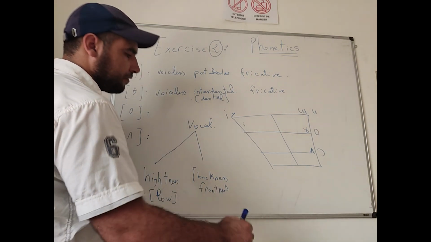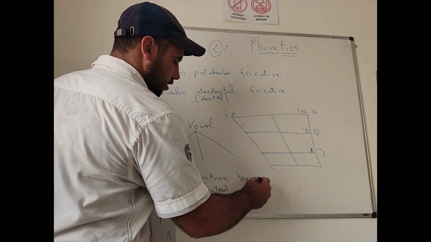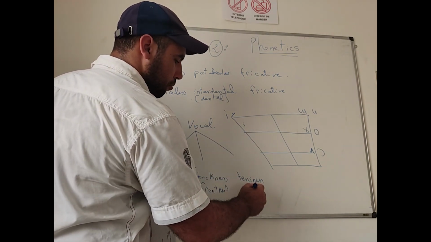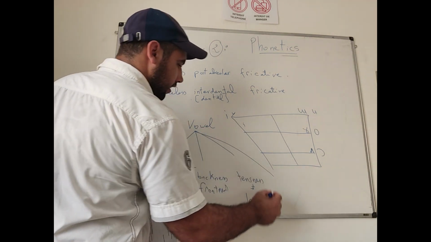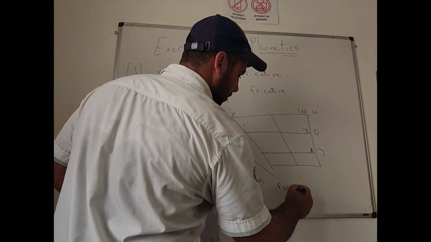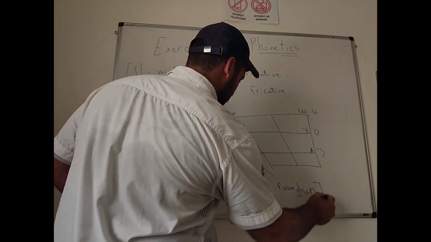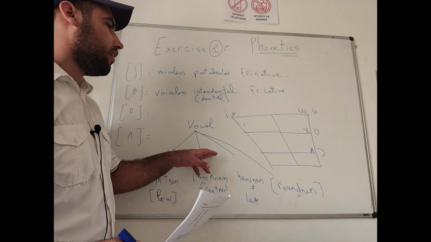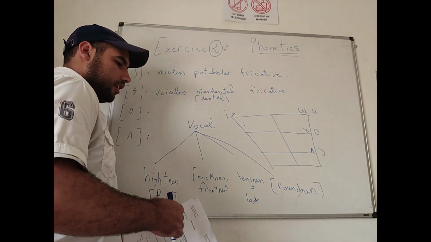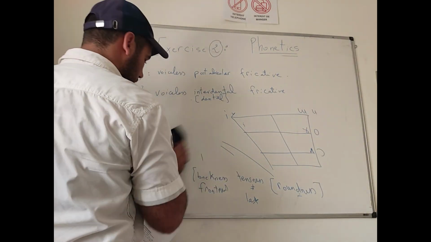Then the tenseness, which is the opposite of lax. And the last thing is the roundness. These are the four elements that we should focus on when defining any vowel in the IPA chart.